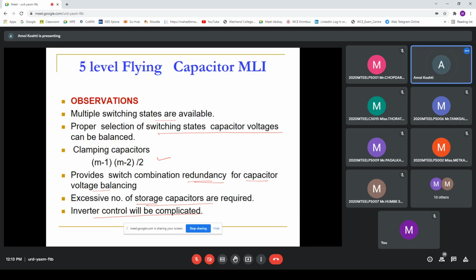After this, maybe in the next 1 to 2 lectures, we will finish it. I hope you get an idea of the topologies which we have discussed today of this multi-level inverter. If there is any doubt about this, you can ask. Otherwise we'll stop here.